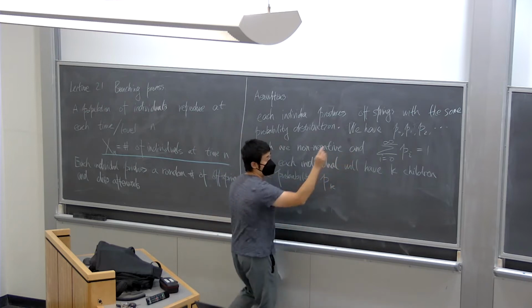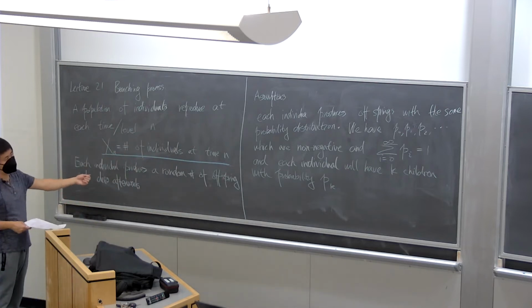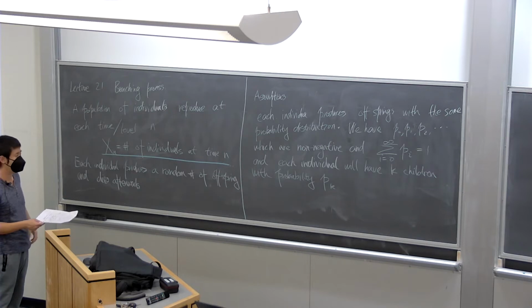Here pk is one of the elements from our sequence. The number of children could be 0, 1, 2, 3, etc., any non-negative integer.